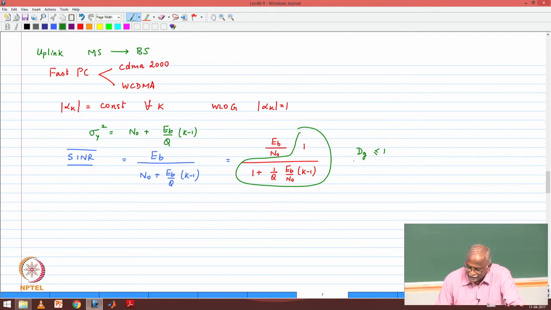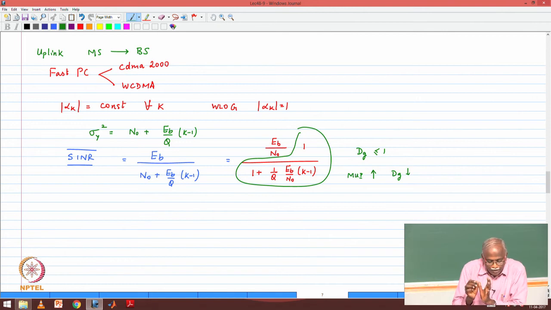Okay. What are the things that affect DG? If the multi-user interference goes up, what does that mean? Basically this EB by Q into K minus 1. When will multi-user interference go up? If K goes up. If K goes up, what happens to DG? DG goes down, becomes smaller. So that means your effective SINR is going to become smaller.